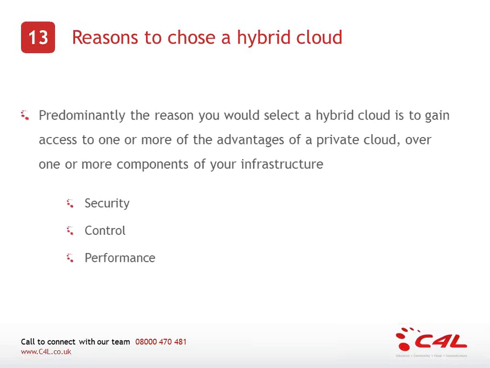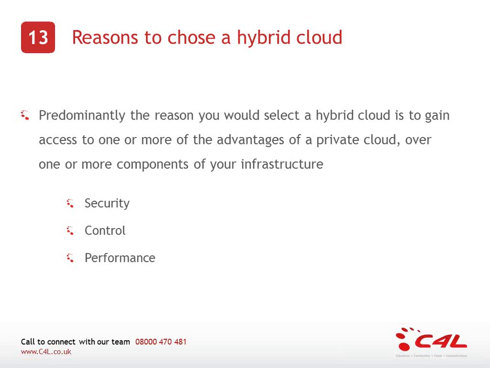Right, so reasons to choose a hybrid cloud. Predominantly the reason you would select a hybrid cloud is if you want to get one of those advantages we spoke about in the private cloud, namely security, control or performance. And you want to have one of those advantages on one or more parts of your infrastructure. An example of this, if we take the performance option here, would be if you've got very, very intensive database servers that you need to guarantee I/O performance on, for example.